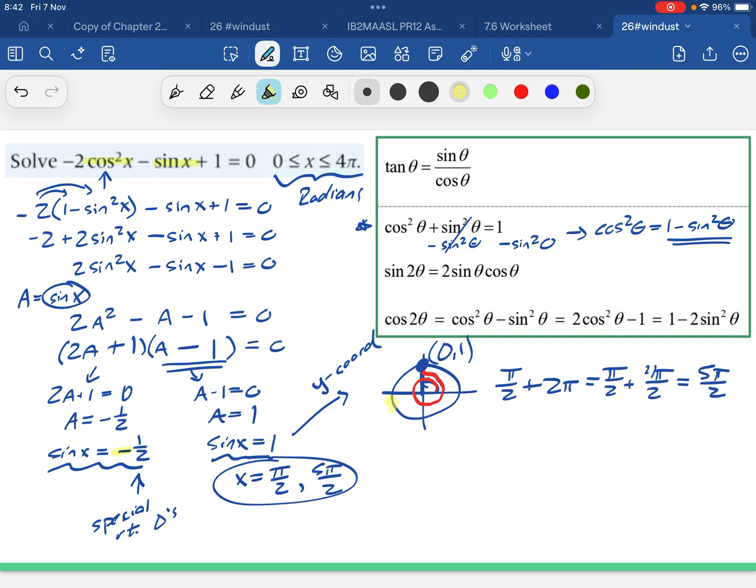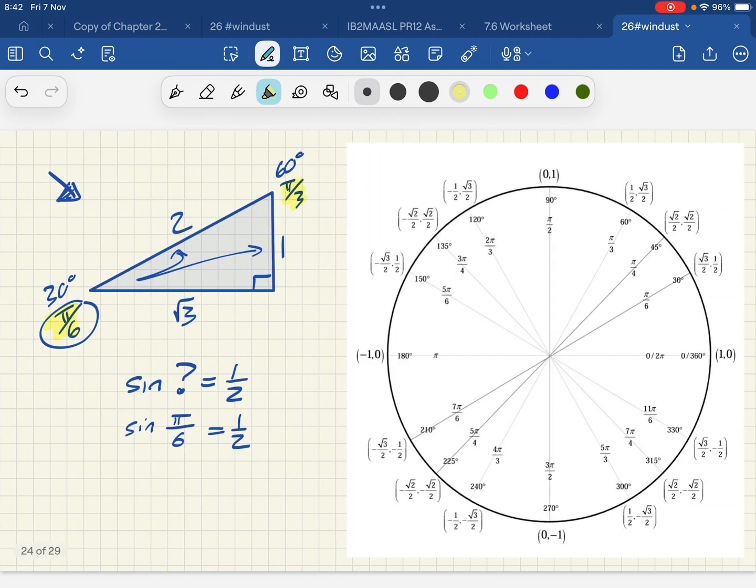The y values are negative everywhere below the x-axis. And if I go back and look at my unit circle, well, that would be everything down here. Okay, so where does that happen? Well, it happens right here. Let me highlight these. I'll switch the color to blue. So here it's equal to -1/2, and over here the y value is equal to -1/2.